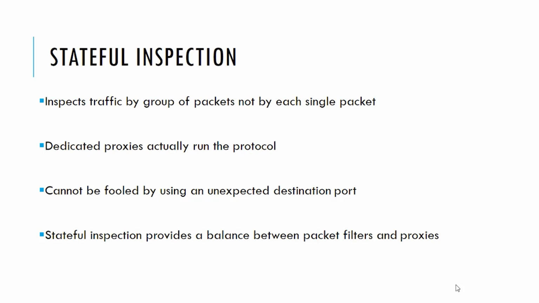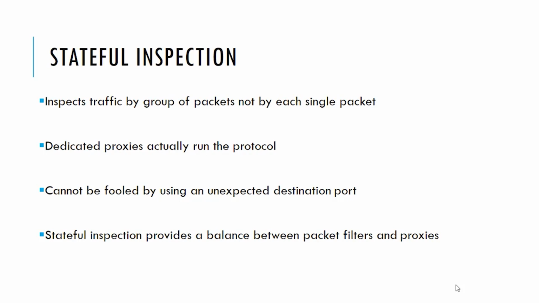Stateful inspection allows the firewall to detect an attack that is composed of a series of packets. Such an attack can pass through the packet filtering firewall because each packet in the series is good in itself. But by stateful inspection, you can discover that this packet, in addition to the following one, are forming an attack.